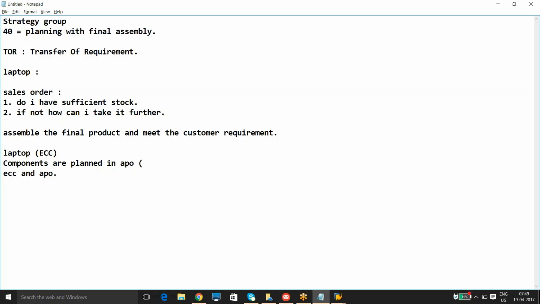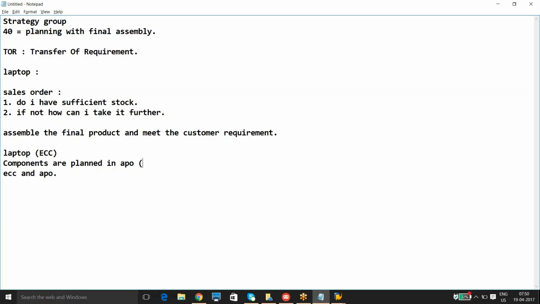But when the GATP system is in place, there are a few more things which you have to see. If you go to the check mode screen, the check instruction screen, then you will understand more in detail. But my motto now is to make you understand that when a particular product has been assigned a specific strategy group in the ECC system, it makes sure that the transfer of requirements can happen at the same time.